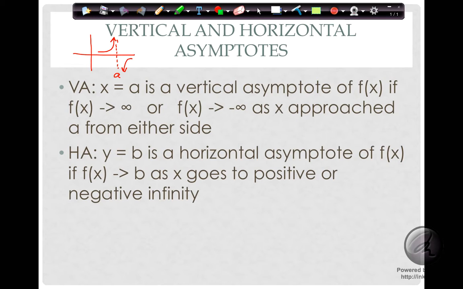A horizontal asymptote is a horizontal line that as x gets really, really big or really, really small, the function approaches that value. So if we talked about a horizontal asymptote right here, should be a dashed line, as x gets really, really big, the y value gets really, really close to the asymptote, and the same thing out here.